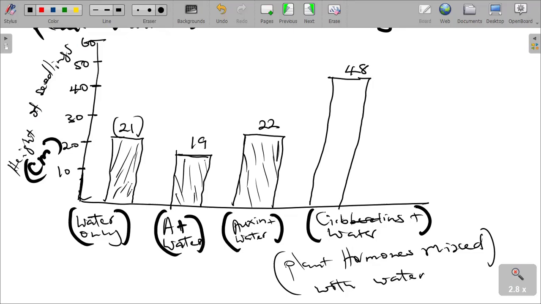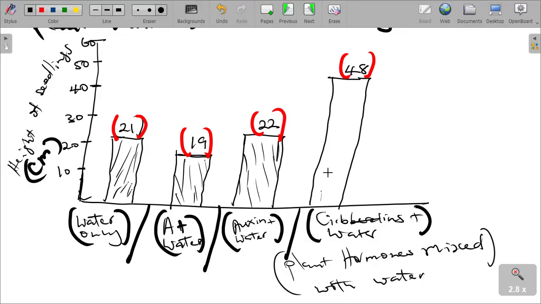So these are our graphs that you can see here. Again, don't forget to indicate the measurements, to say this is 19, this is 22. It's very important that you mark these so the examiner does not think otherwise.